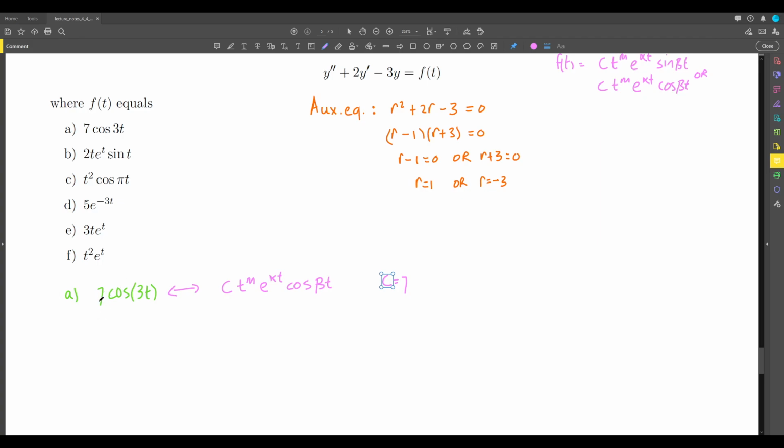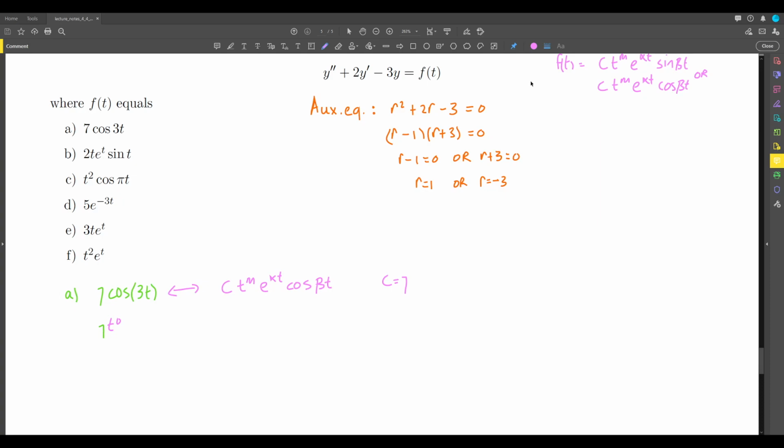We don't see a power of t in front, so we can write this as 7, and then t to the power 0, right? There's no t, that's just a hidden factor of 1.